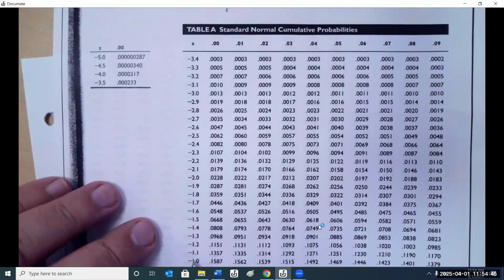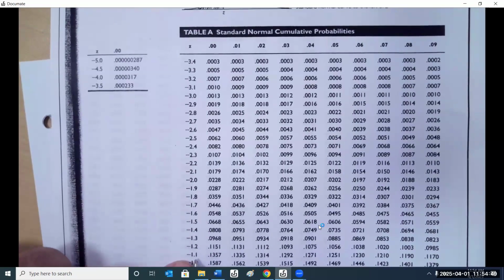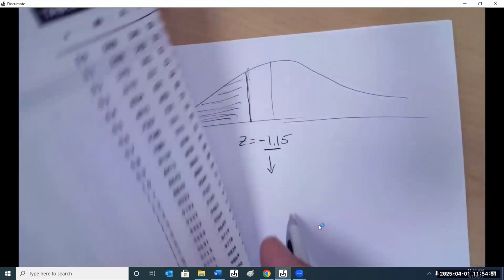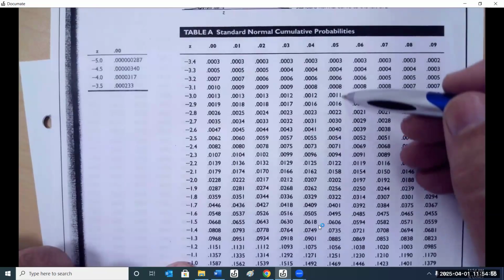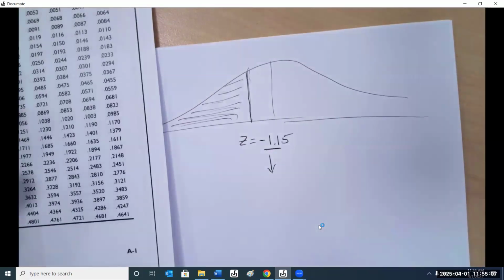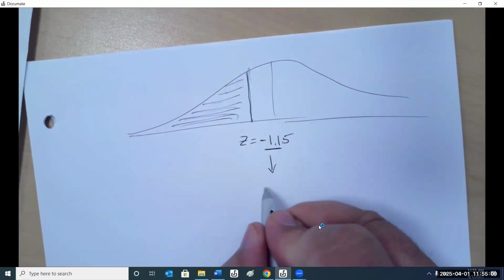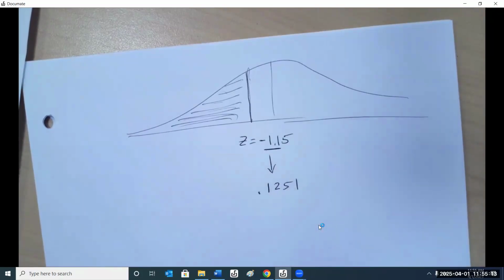Negative 1.1 is right down here. And then the second digit is 5. So we go to 0.05. So this column, this row, it equals 0.1251.